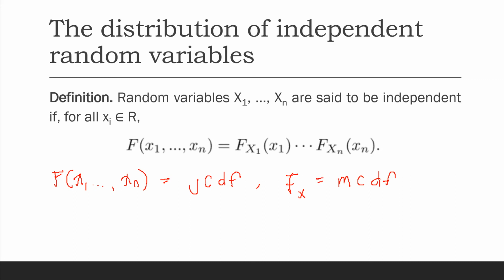Another example: let a random variable x be uniformly distributed on the closed interval [a sub 1, b sub 1], and let y be uniformly distributed on the closed interval [a sub 2, b sub 2].